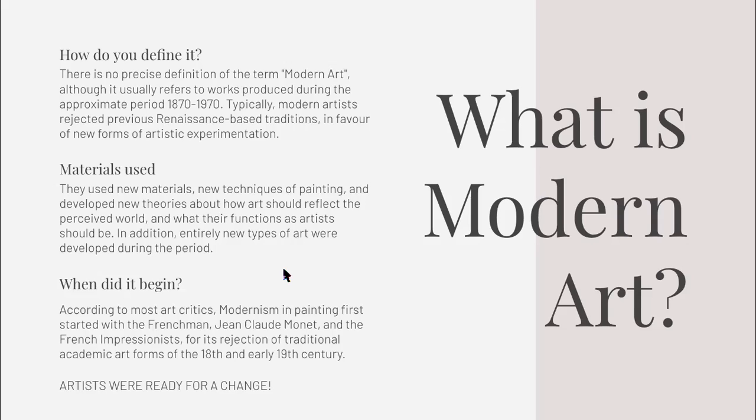In addition, entirely new types of art were developed during the period. When did it begin? According to most art critics, modernism in painting first started with the Frenchman Claude Monet and the French Impressionists for its rejection of traditional academic art forms from the 18th and 19th century. So artists, in other words, were ready for some changes.